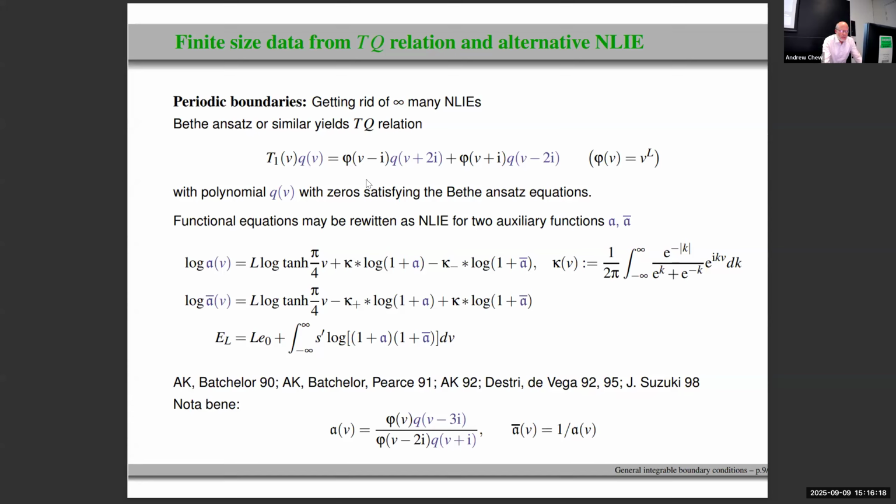And traditionally, people would look at the distribution of the zeros of Q of v. For the ground state, these zeros are distributed on the real axis, and then people introduce density functions for that. We avoid that.